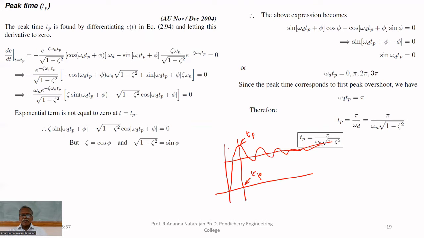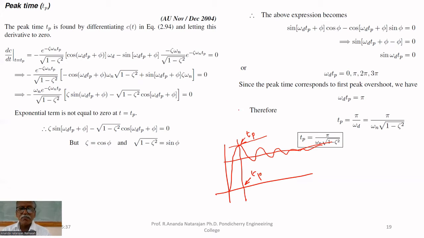If you draw a tangent at this point, it will be a horizontal line. Am I correct or not? What is the slope of that horizontal line? 0. Therefore, slope at TP equals 0.